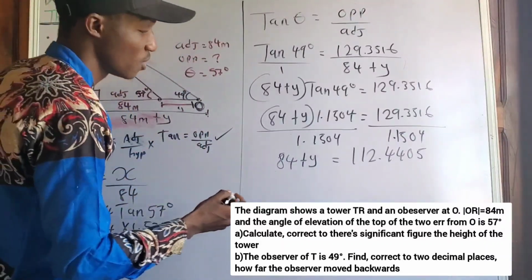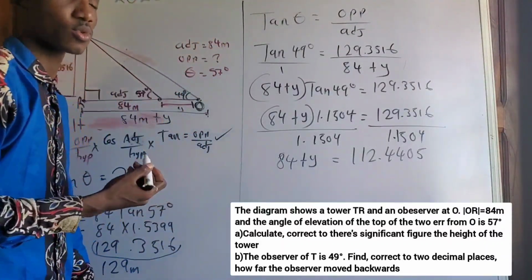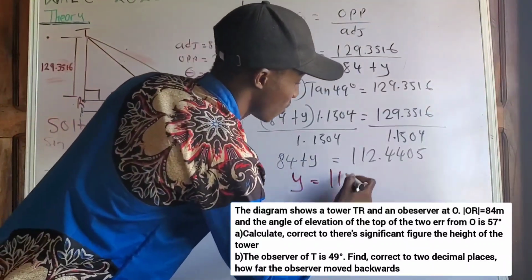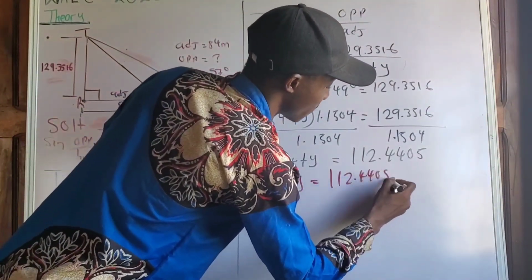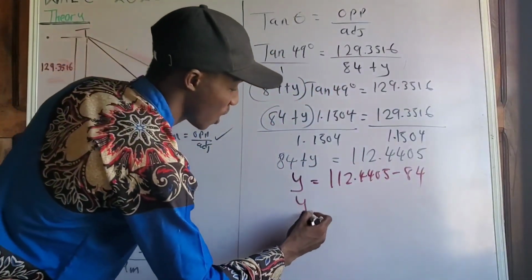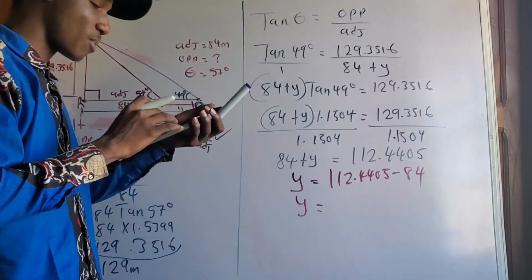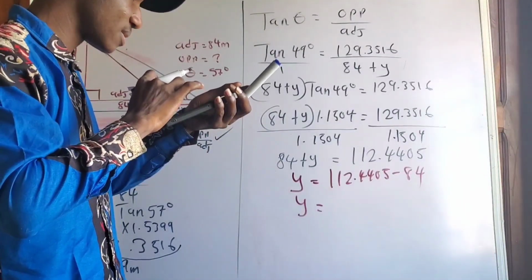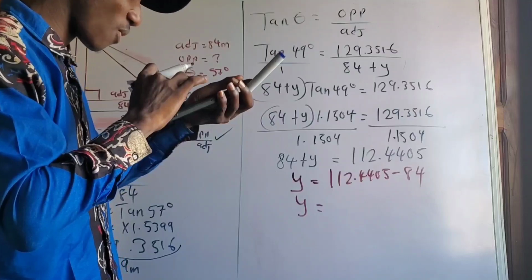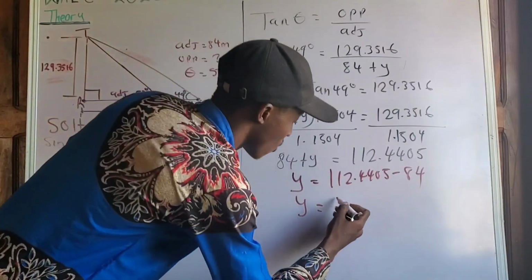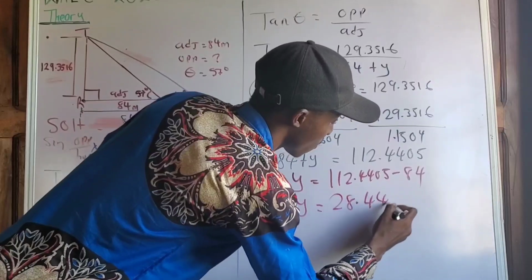So to get the value of y, you have to collect like terms or make y the subject of the formula. I'm going to have 112.4405 minus 84, right? Okay. So y equals 112.4405 minus 84. That is 28.441.